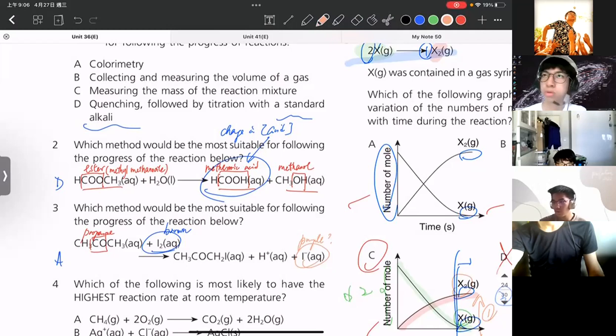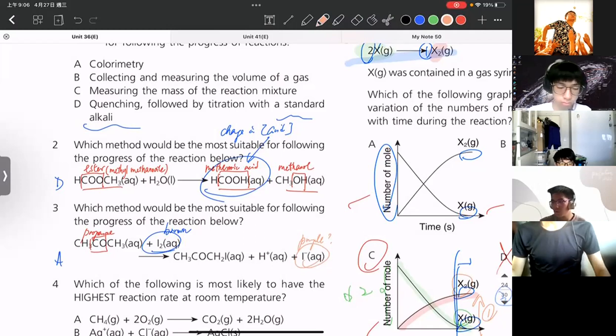What is the color change of a solution mixture? From brown to colorless. So iodine ion. What is the color of an iodine ion in the aqueous solution? Colorless. Sure. Yes.